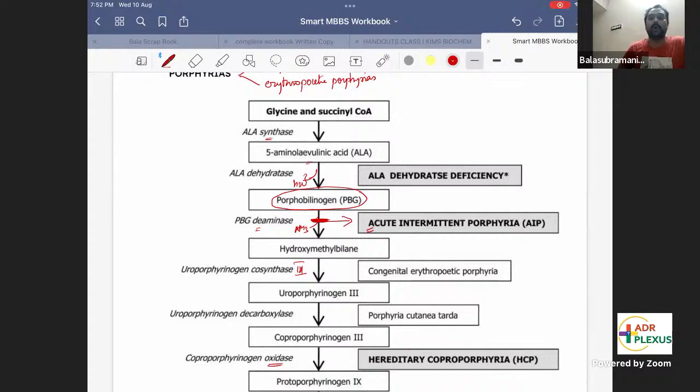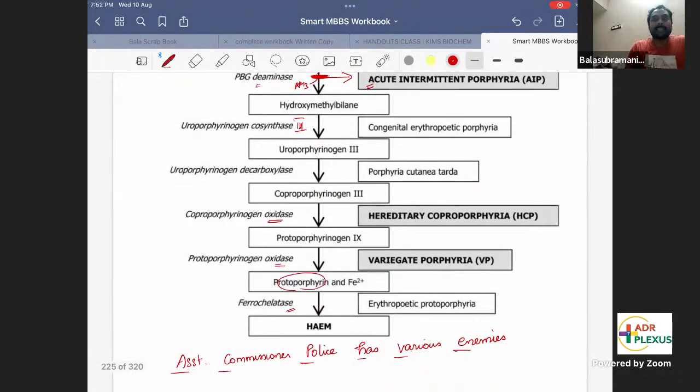So now we will go one by one. The next one, Commissioner: uroporphyrinogen cosynthase deficiency, congenital erythropoietic porphyria. Police: porphyria cutanea tarda, enzyme deficiency, decarboxylase. Has H, right?